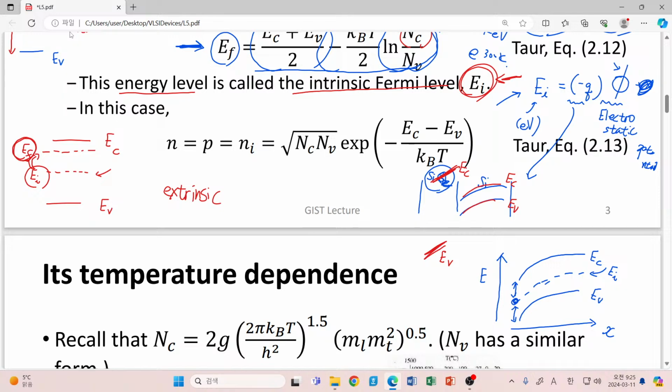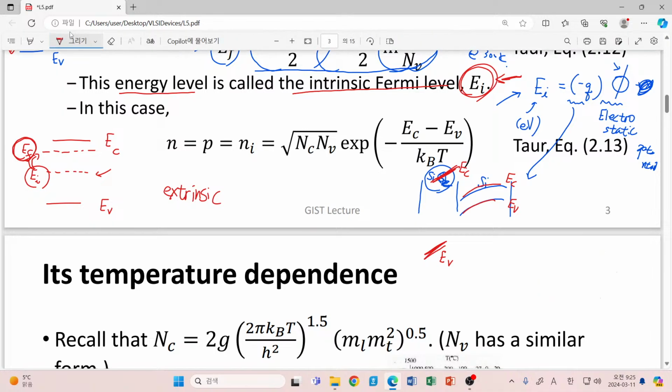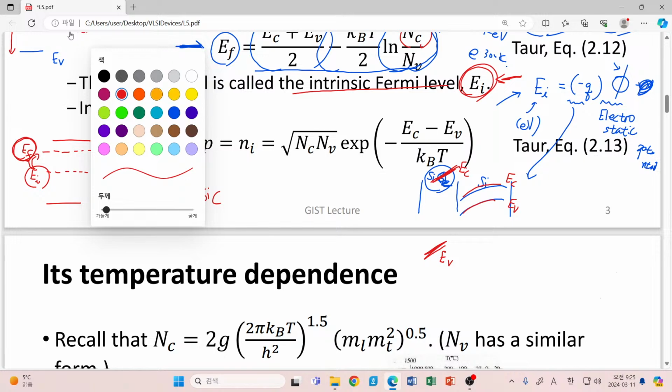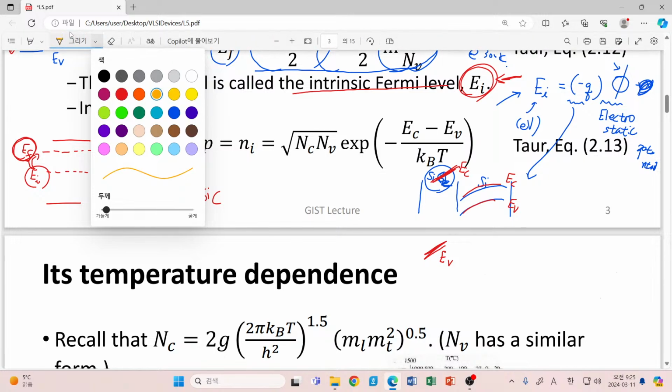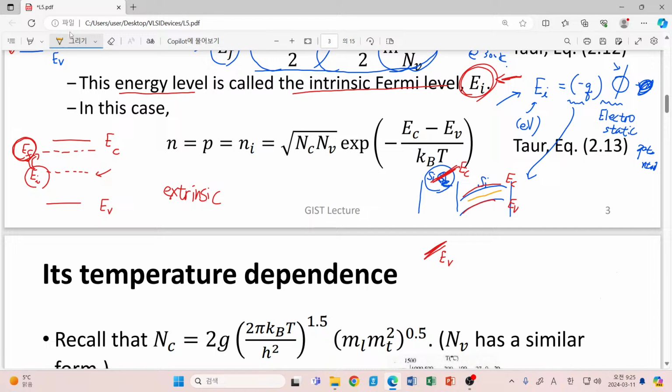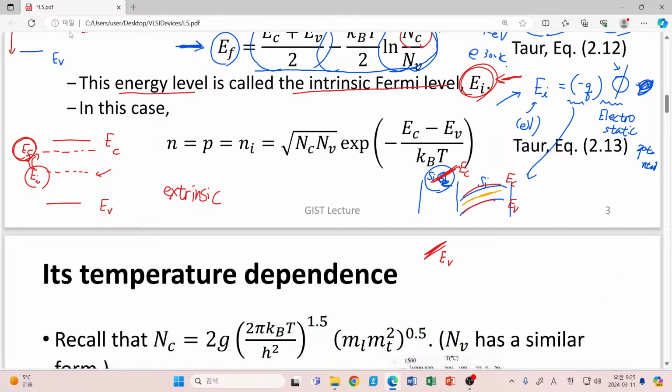So if we have two different materials and we consider EC and EV, in reality we must care about four different quantities. Sometimes that is too tedious. So even when we have a heterogeneous structure, we just consider the movement of, for example, the intrinsic Fermi level.